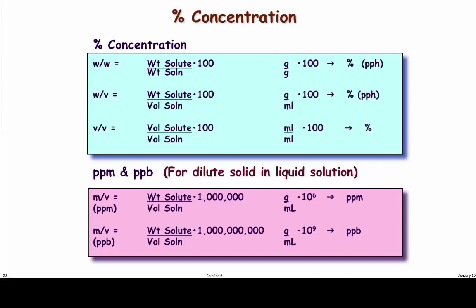Now, why do we quote concentration in terms of parts per million and parts per billion? Because when a very, very small concentration can be lethal, or a very, very small concentration is important, then a number like 0.000016% seems insignificant.